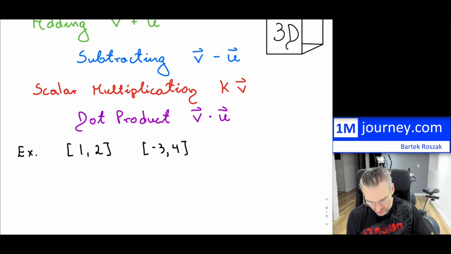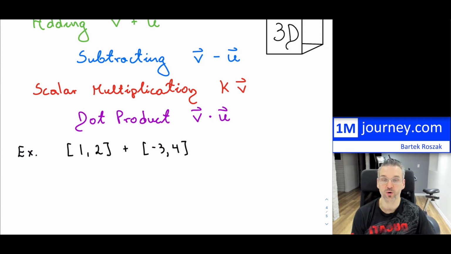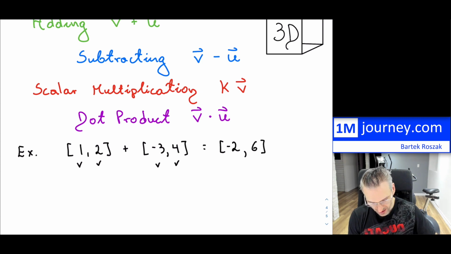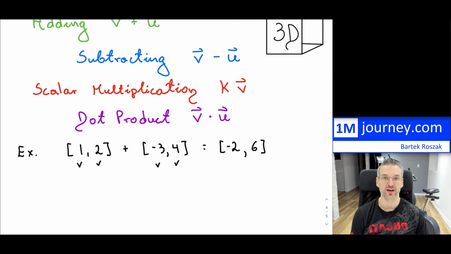If you wanted to add these together, all we had to do was add the actual components of each, so we would just say 1 plus -3, which would have been -2, and then 2 plus 4, which would have been 6, and we would have obtained our resultant vector. So it was really nice and easy to add vectors in Cartesian vector form because it's just what we're very much used to doing in terms of addition of simple numbers.